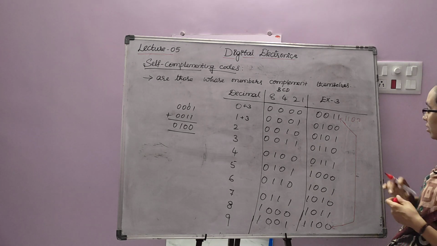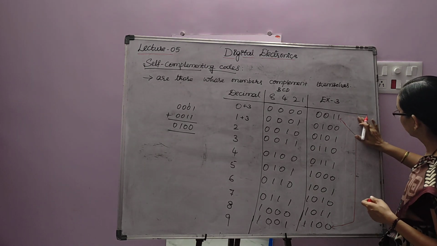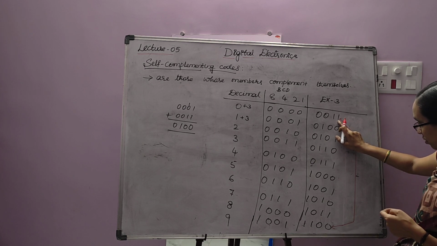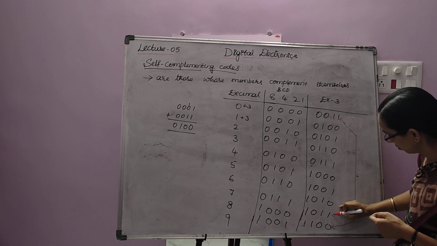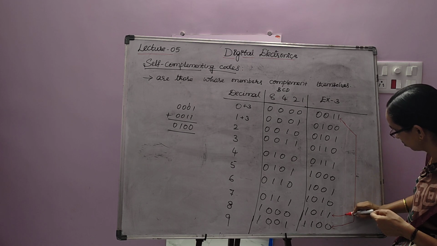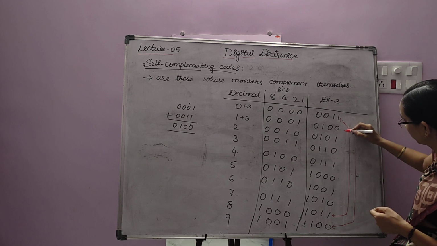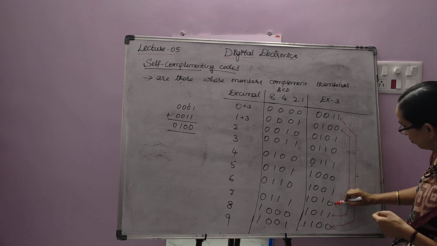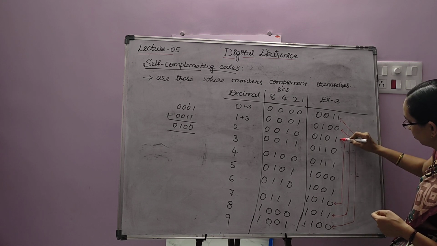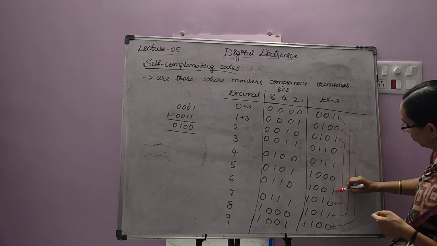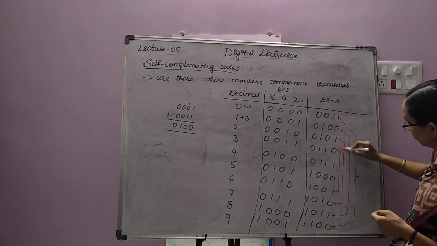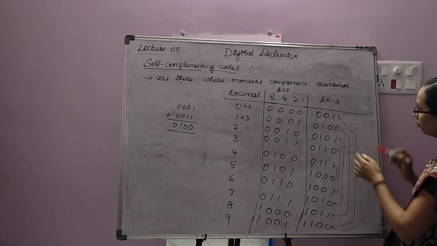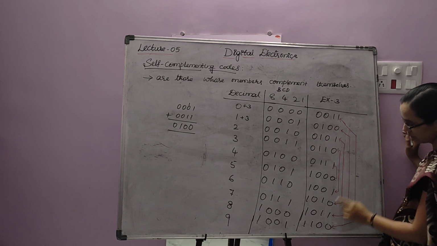Should get the decimal 9. So, complement of 0100 is 1011.